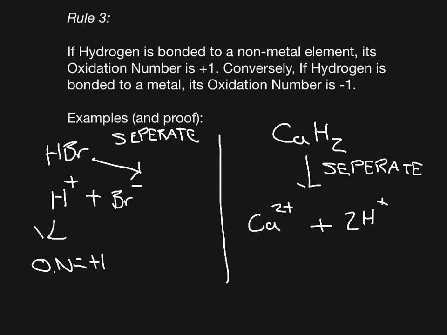And hydrogen is now going to be more electronegative. I made a bit of a mistake there. So in this case, hydrogen, or in this case the hydride anion, its oxidation number is going to equal -1.